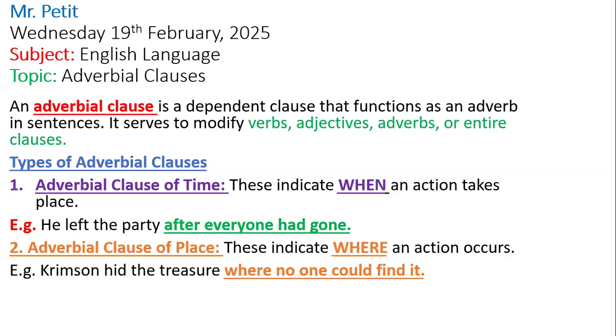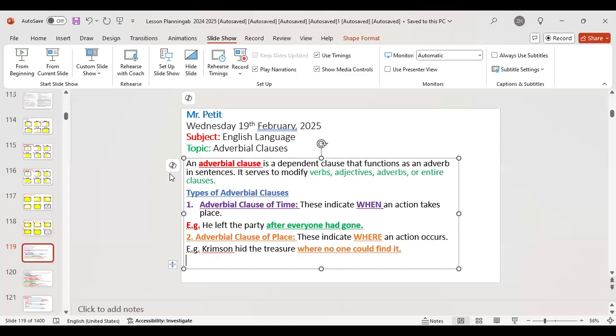Okay. Let's go to the third one, the third adverbial clause. So we have the adverbial clause of time and the adverbial clause of place, and all of them are just giving us more information. The next type of adverbial clause is literally the same thing as adverbs.